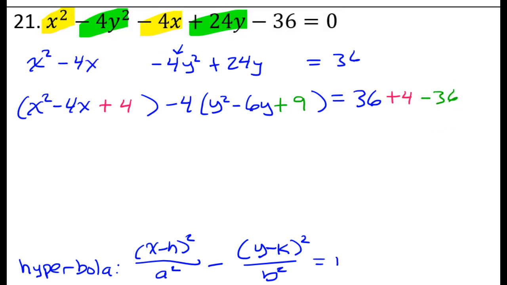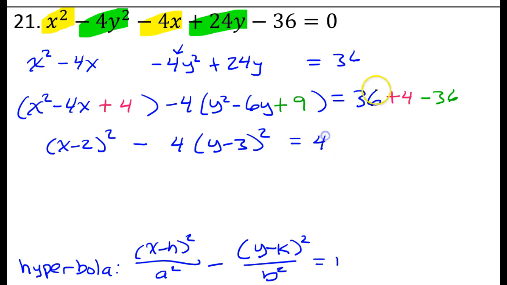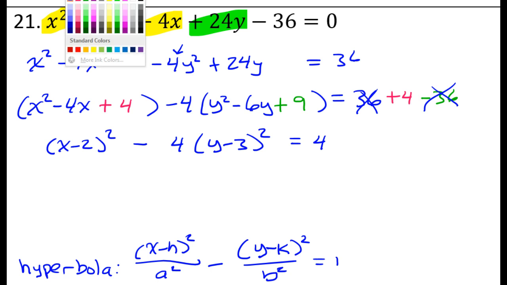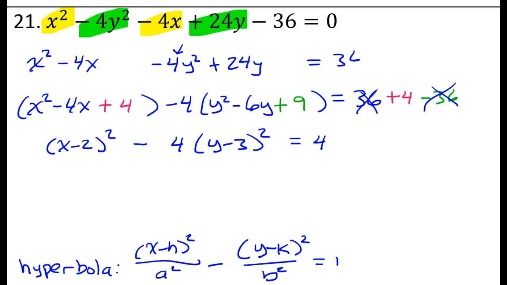When I factor this, this is going to factor as x minus 2 squared, and then minus 4 times y minus 3 squared is equal to 4, which is easy because the positive 36 and the negative 36 cancel each other out. According to the model, we need a 1 right here for hyperbolas, so I need to go back and divide everything by 4.